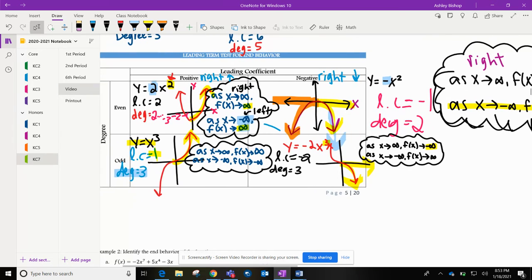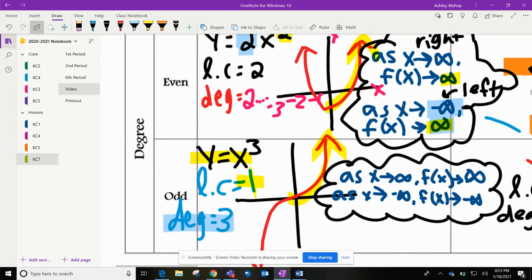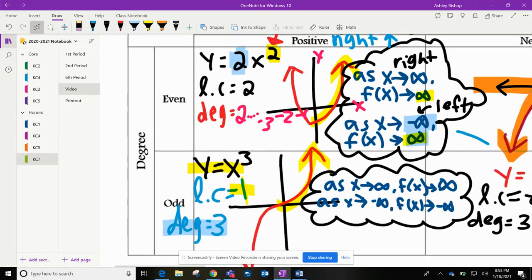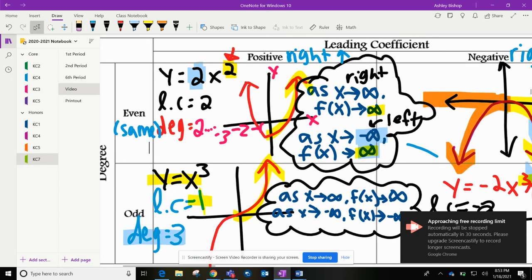Now, well, what happens with the left-hand side of our graph? That's where the degree comes into play. If we have an even degree, the ends of my graph are going to look the same. So an even degree means that the left and the right are going to do the same thing.